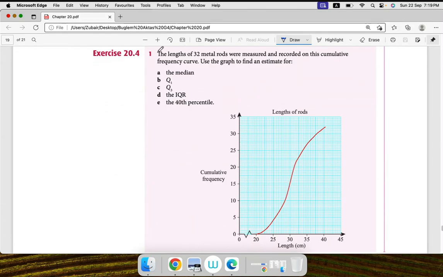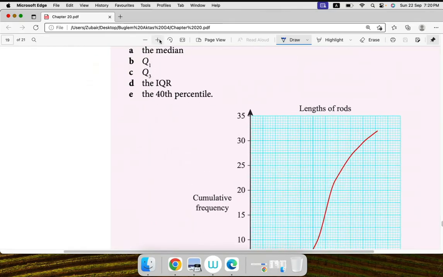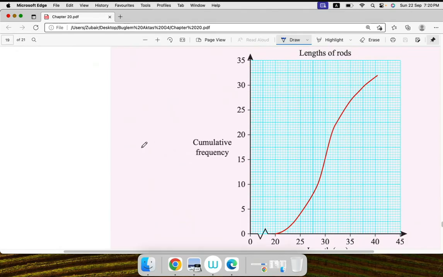Practice exercise. The length of 32 metal rods were measured and recorded on the cumulative frequency curve. Use the graph to find the estimate for median, Q1, Q3, interquartile range, and 40th percentile. So let's do median first. Give it a try. Median.